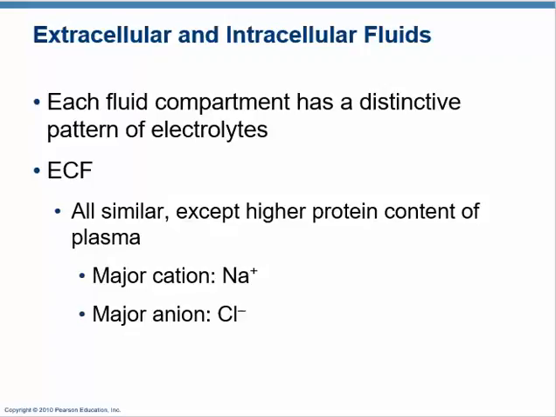So the extracellular compartment, the extracellular fluid, the major cation is sodium and the major anion is chlorine, so sodium chloride. This is the same, and it's the same concentration whether we're talking blood plasma or extracellular fluid. The blood plasma has more proteins, however.